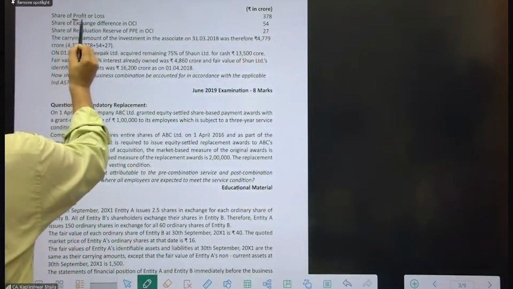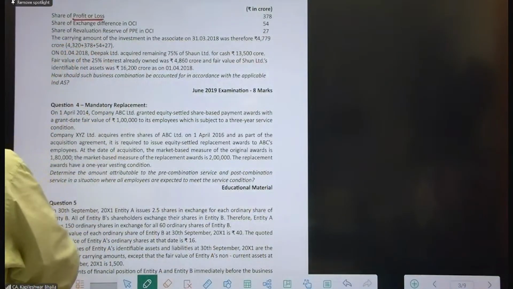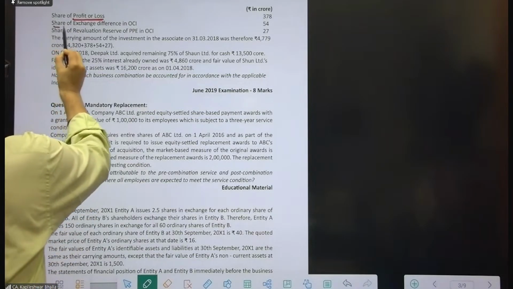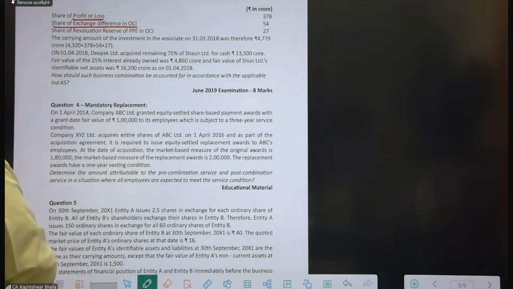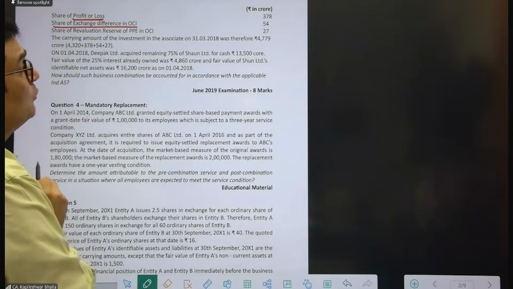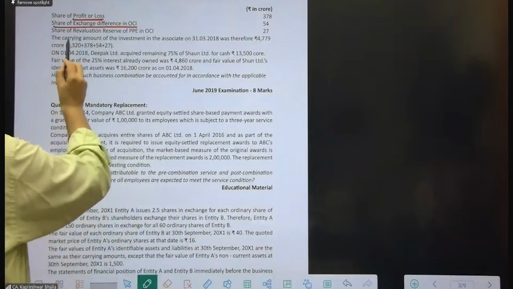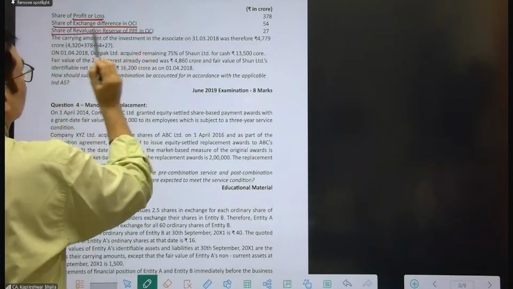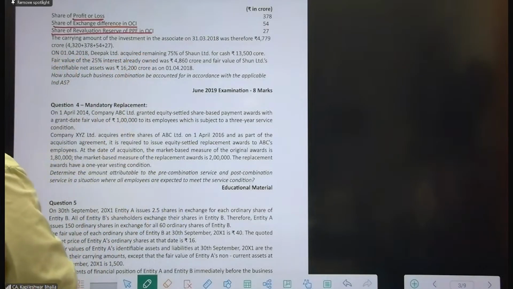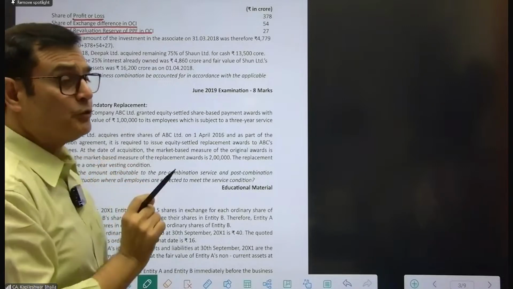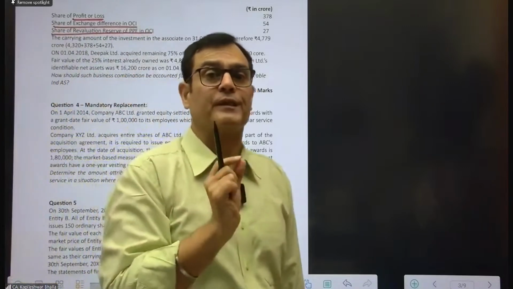So there is a share of profit or loss, for which we would have done the entry investment debit, P&L credit. Then there is a share of exchange difference in OCI, and the entry would have been investment debit and OCI credit. And there is a share of revaluation reserve, investment debit and OCI credit. So can I say with all these 3 entries, the investment would have got a debit.